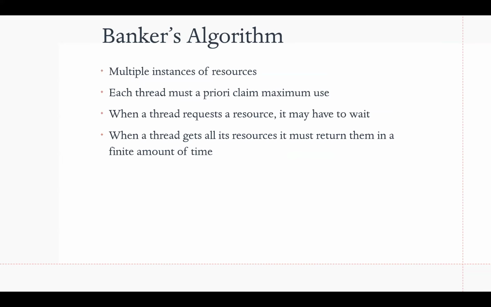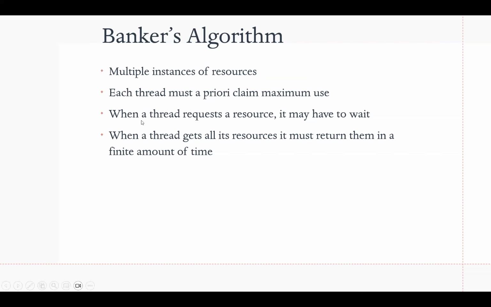In the banker's algorithm, we use it for multiple instances of the resources, where each thread or each process in the system must a priori claim its maximum usage of all the resource types. It must declare its maximum usage of all the resource types. Okay, that is the main requirement of the banker's algorithm.